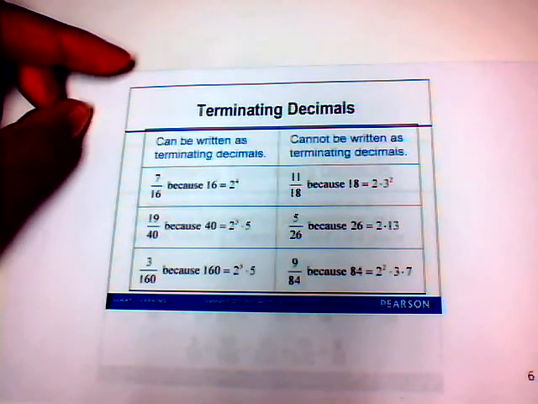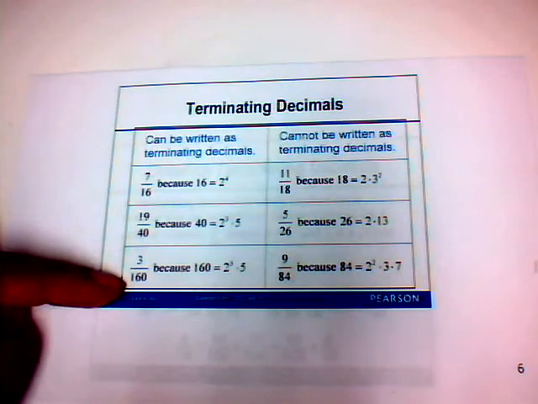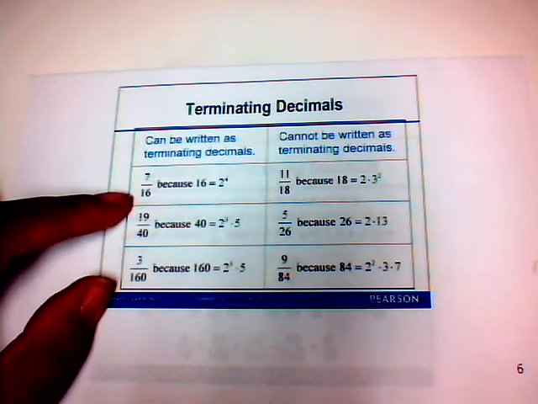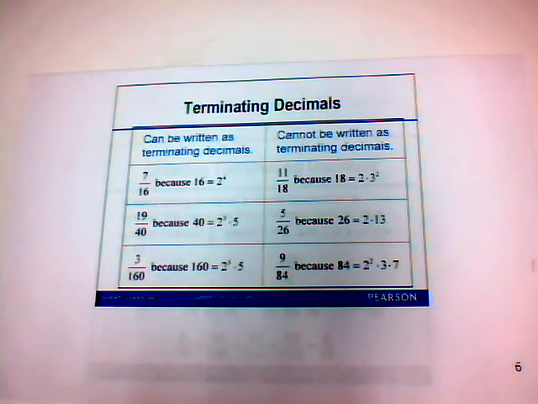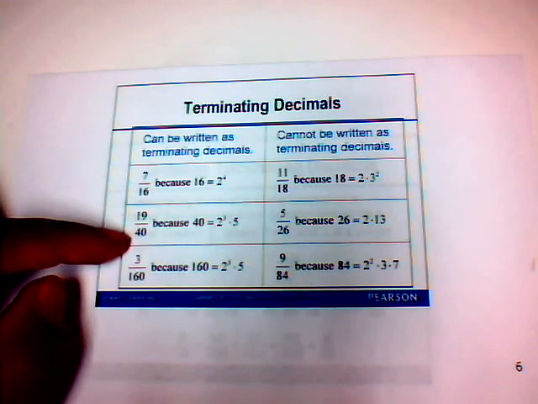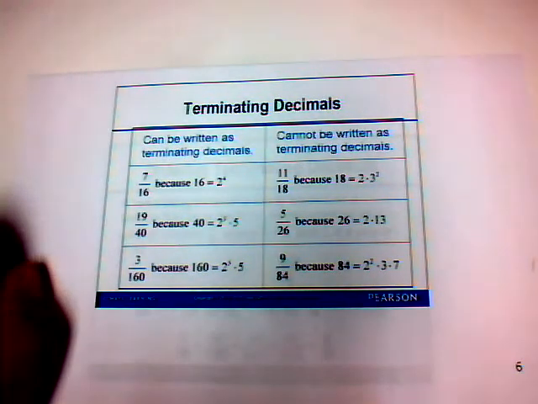Take a look at these examples here. The ones on the left can be written as terminating decimals, 7/16, because if we rewrite 16 as 2 to the 4th power, we have no primes other than 2 and 5. 19/40 is a terminating decimal because 40 can be written as 2 to the 3rd times 5.